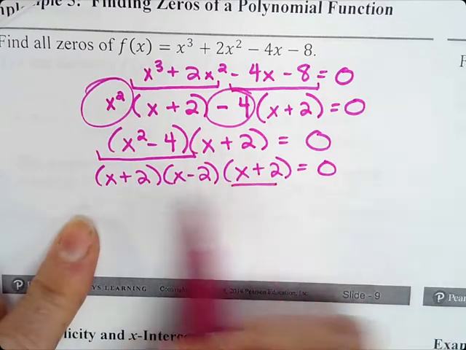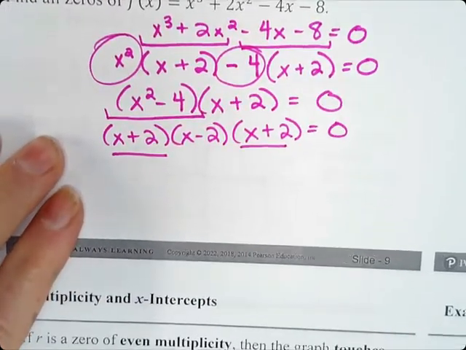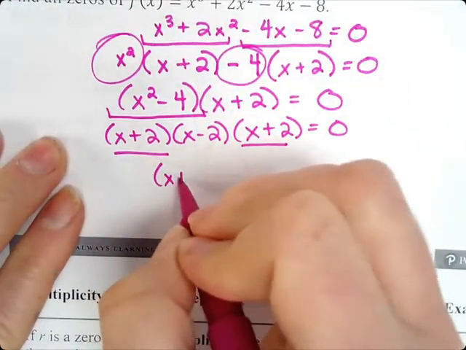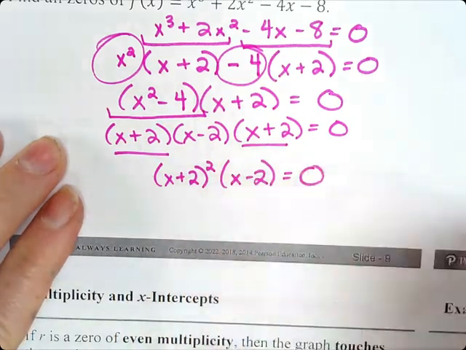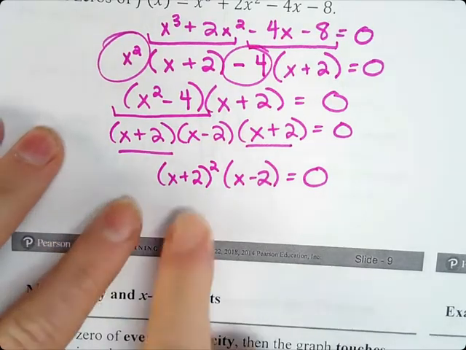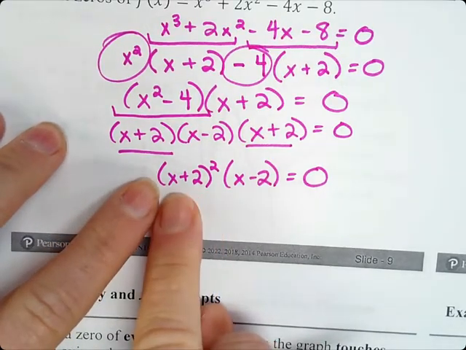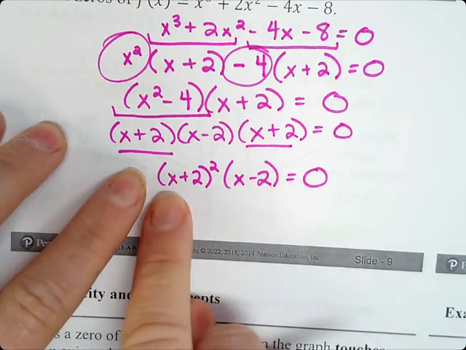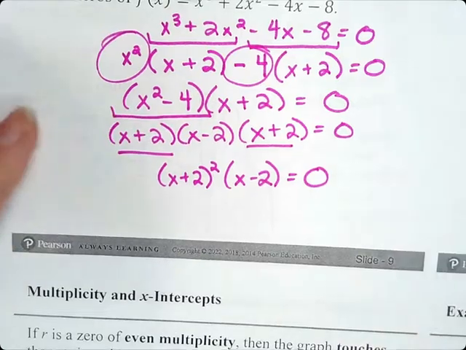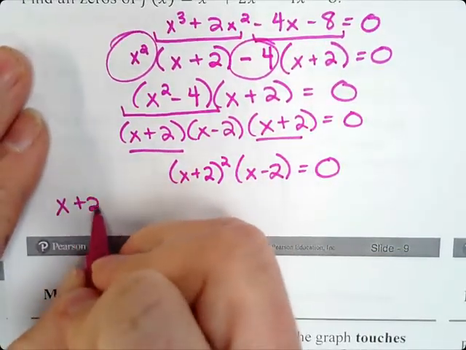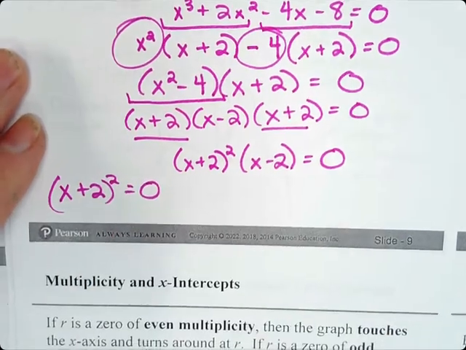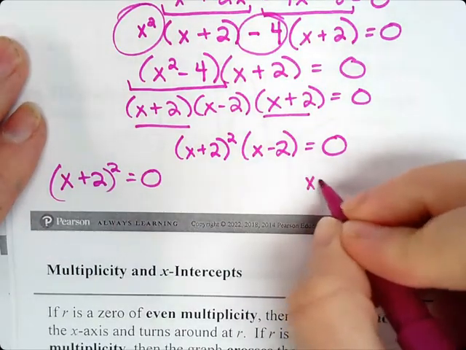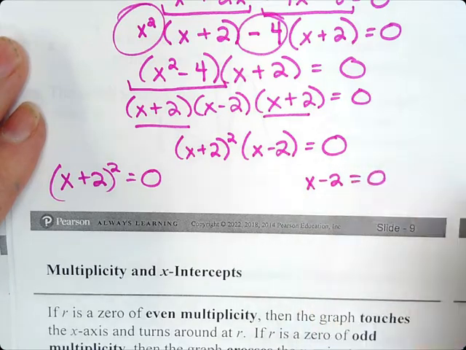So see how we actually have this one twice? So we can rewrite this as x plus 2 squared times x minus 2 equals 0. We're going to see something about the multiplicity in just a little bit, about what that means about the graph and our zeros. So we're going to set each one of these equal to 0. So x plus 2 squared equals 0, and then x minus 2 equals 0.